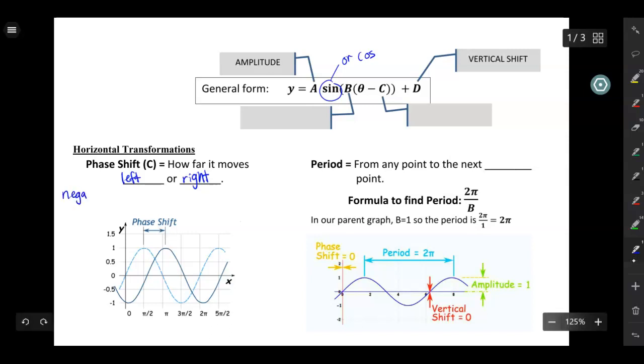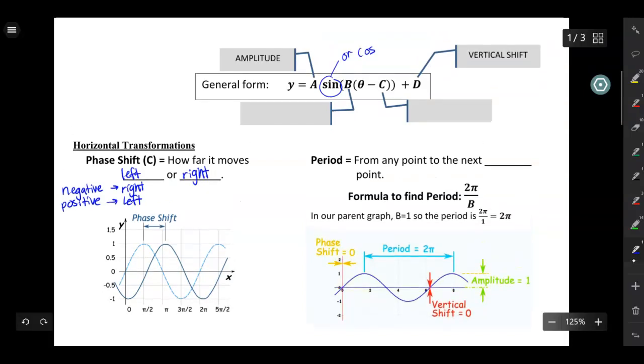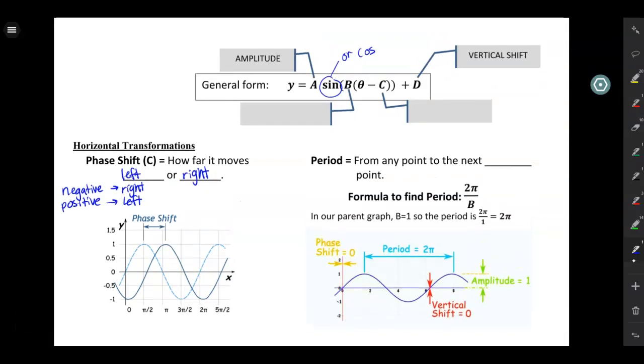If you're subtracting, like 3, that's going to move it to the right, and a positive c value is going to move it to the left. In these graphs of sine and cosine, we call this a phase shift. It basically just means that we're shifting the whole graph a little bit to the right or left. So when we ask for the phase shift, we're asking for what that c value is. Let's fill that in up here.